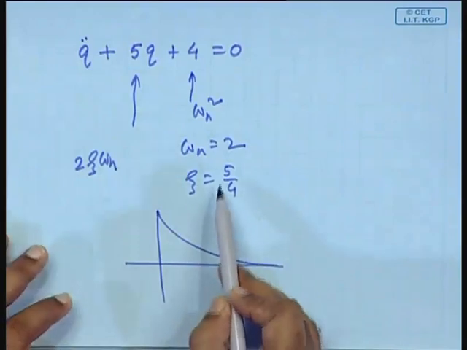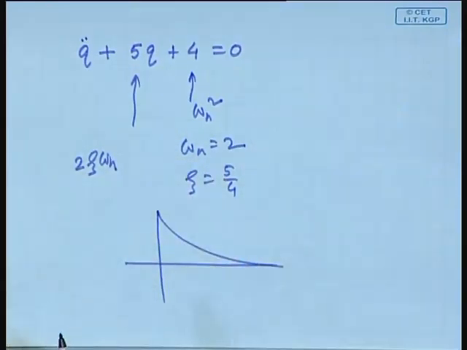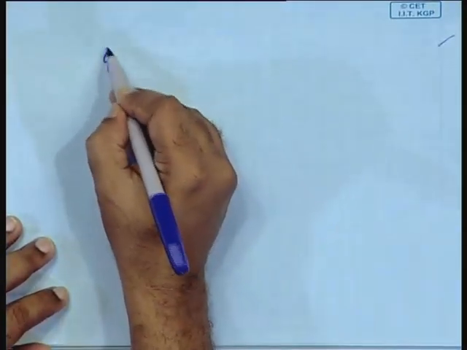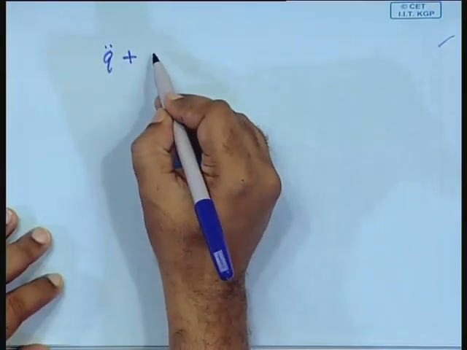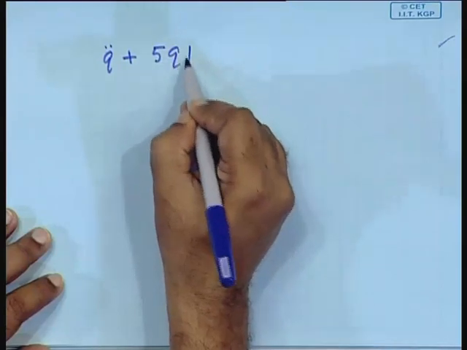Fine. So, that is exactly why we do this. We always try to express in this form. Suppose the equation that we have is something like q double dot plus 5q plus 9.